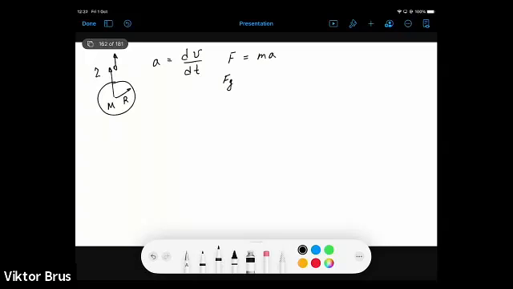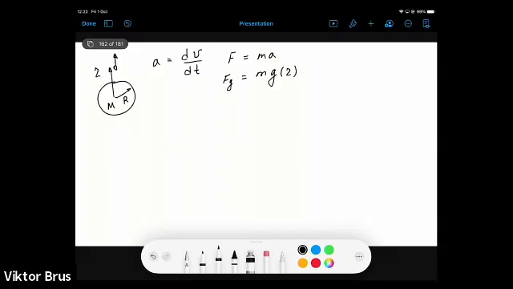So here we can write F gravitational, and that should be equal to m times g as a function of r. So m, the mass of the projectile, times strength of the gravitational field created in the space around this planet.